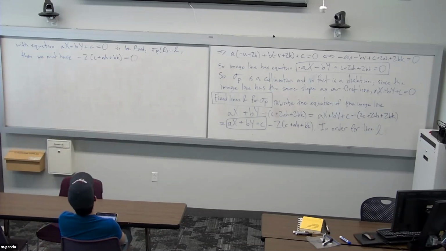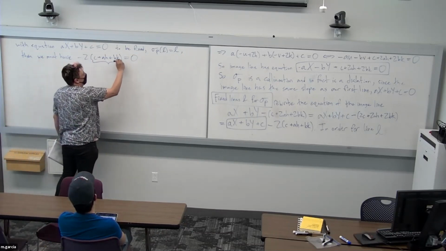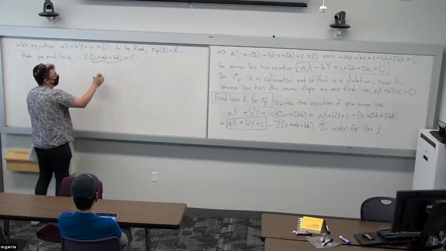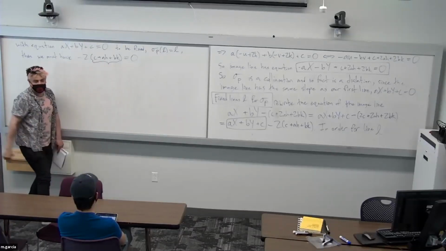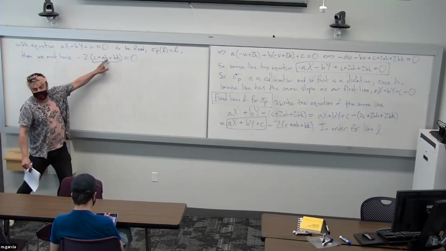Now, you'll notice that this portion of my expression is again just the original equation of our line evaluated at the point h comma k.